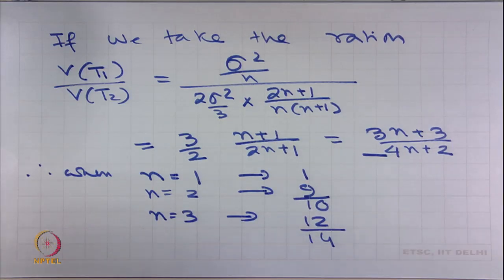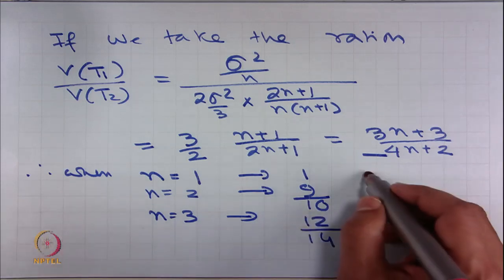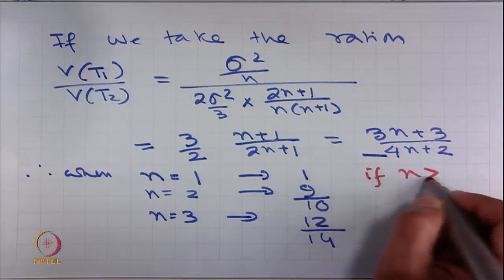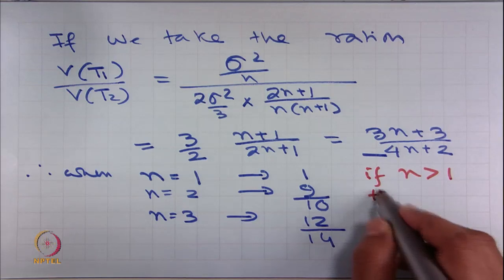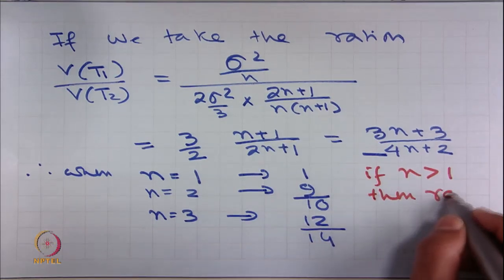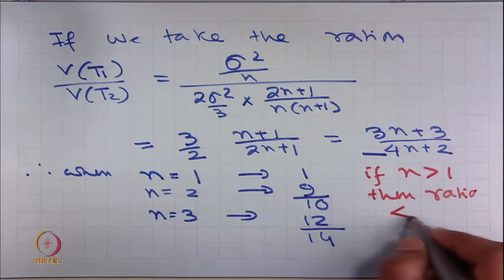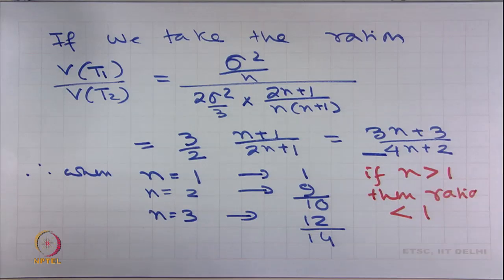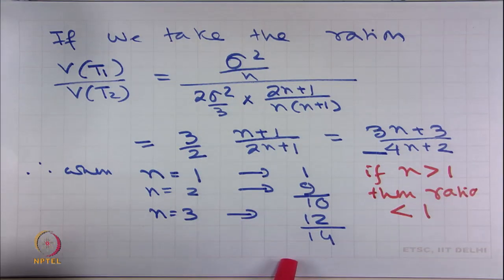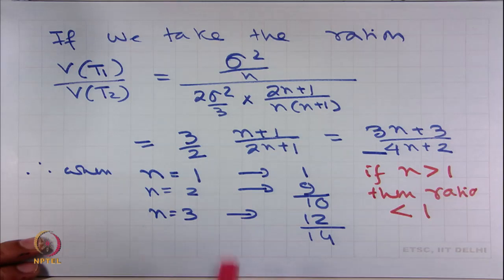and we see that if n is greater than 1, then the ratio is less than 1, and as n increases, we can see that the numerator is increased by 3, but the denominator is being increased by 4.